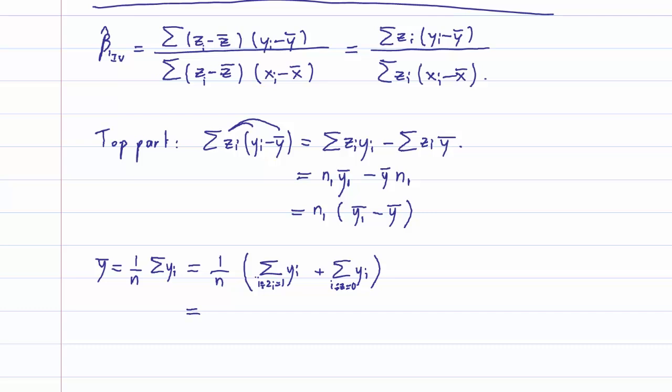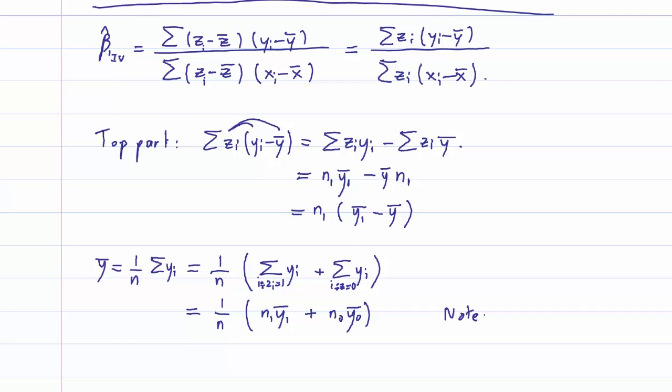So I have a definition for this: 1 over n, I can rename this n1 y1 bar. And I can rename the other part n0 y0 bar.